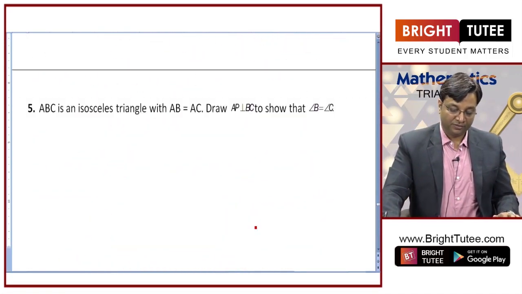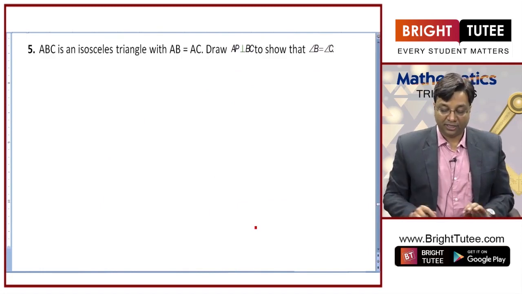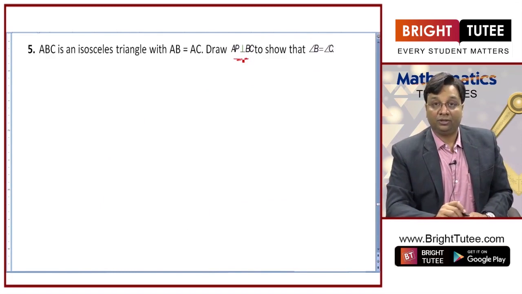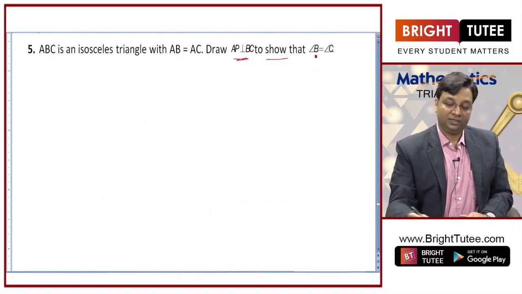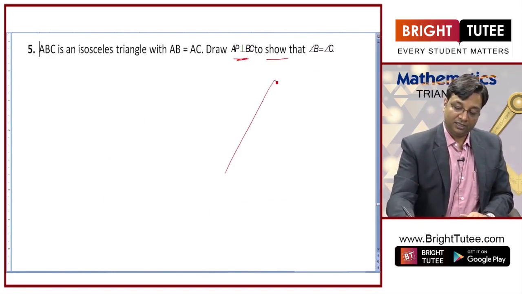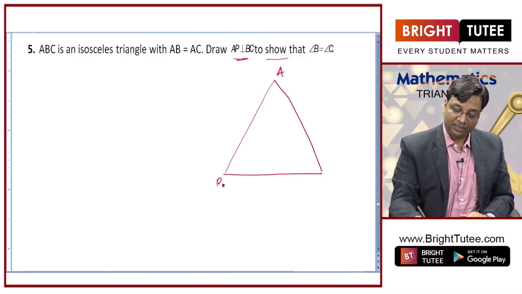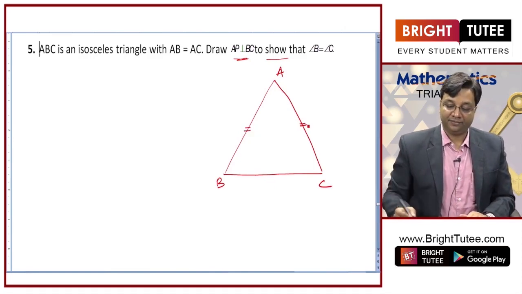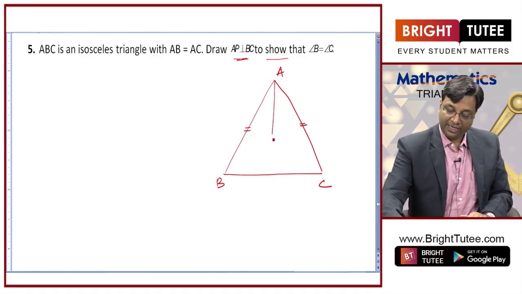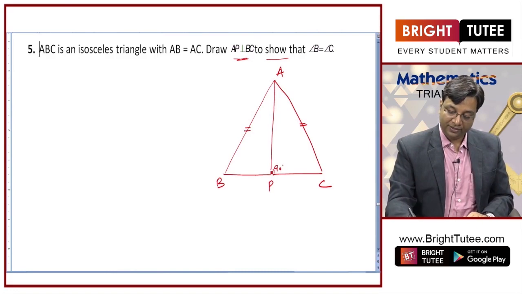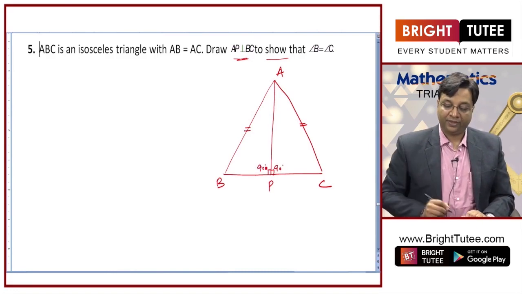Okay, let's move to the next one. ABC is an isosceles triangle with AB equals AC. Draw AP perpendicular to BC and show that angle B is equal to angle C. So, this is more or less the same question as we have done earlier. This is triangle ABC and it is isosceles with AB equals AC, and we need to draw AP perpendicular to BC. So, this angle is 90 and this angle is also 90, right.